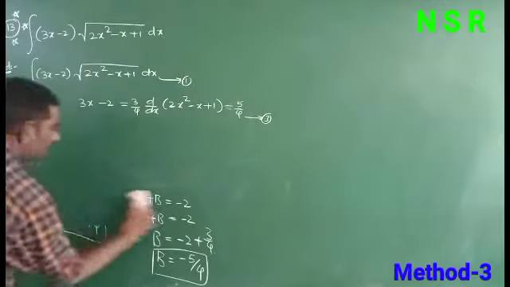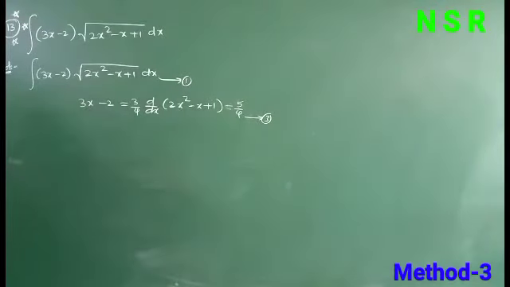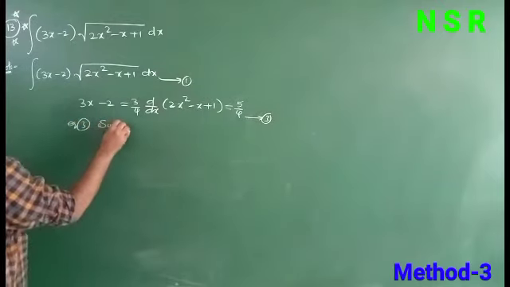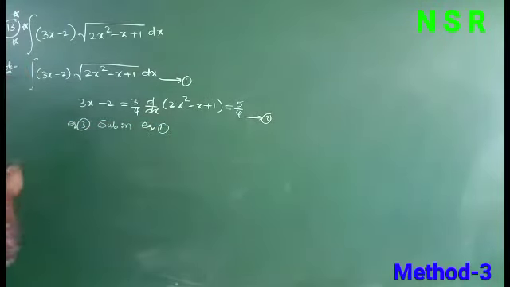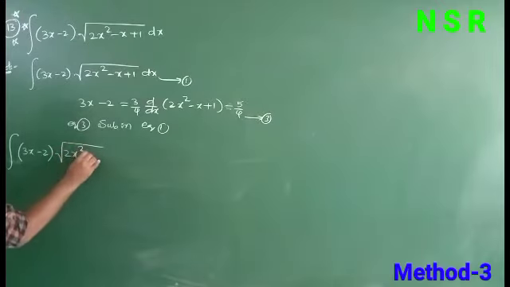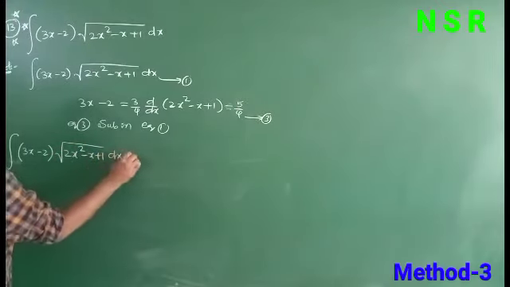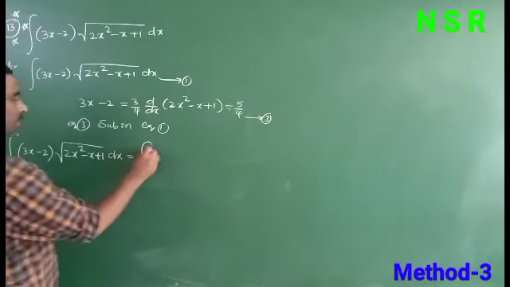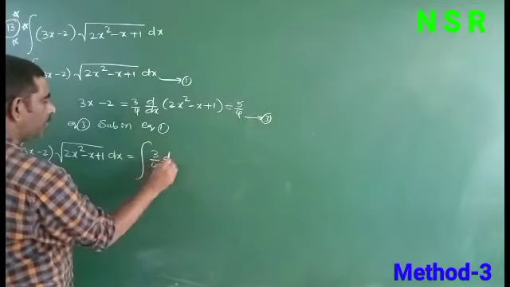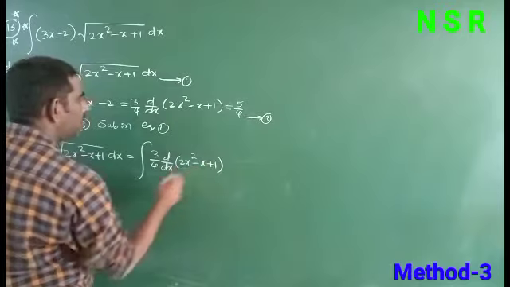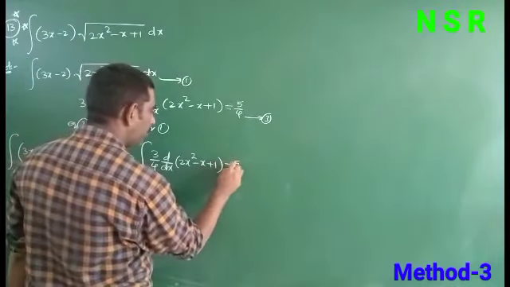Now substitute equation 3 in equation 1: integration of 3x minus 2 into square root of 2x square minus x plus 1 into dx equal to integration of, in place of 3x minus 2, substitute this value, 3 by 4 into d by dx of 2x square minus x plus 1 minus 5 by 4.